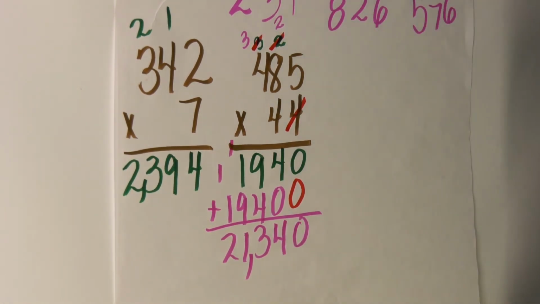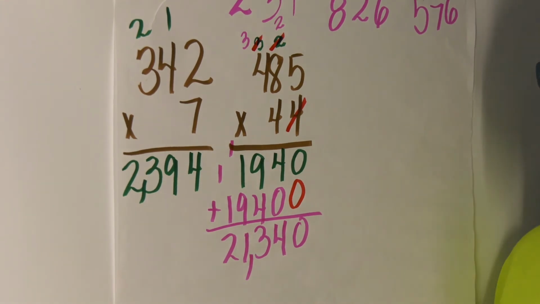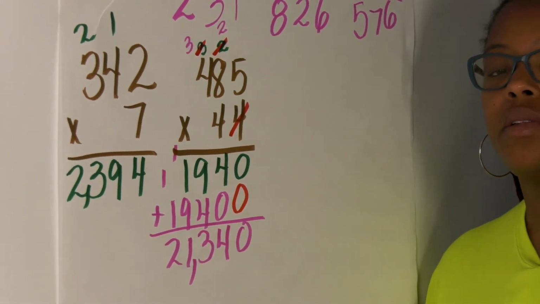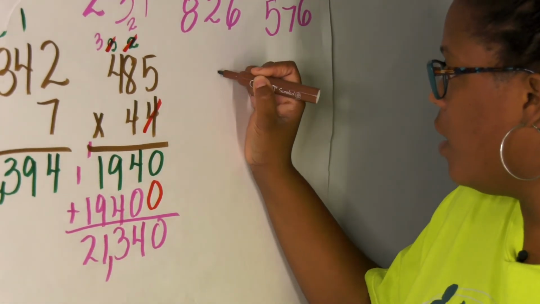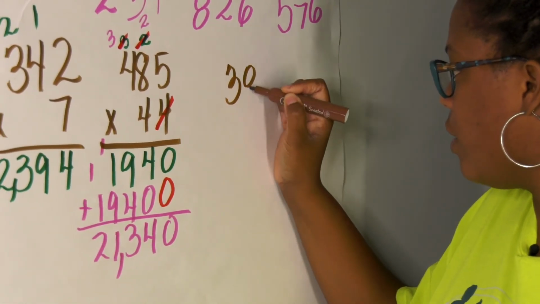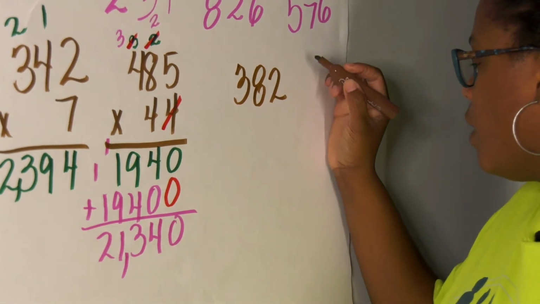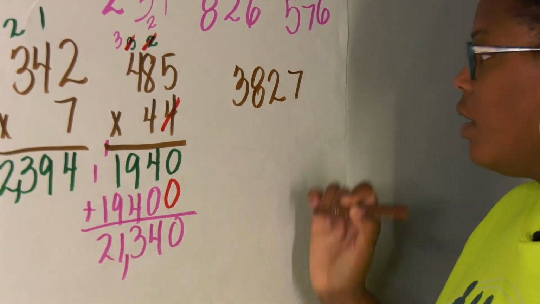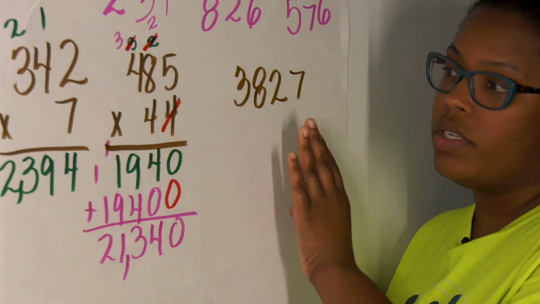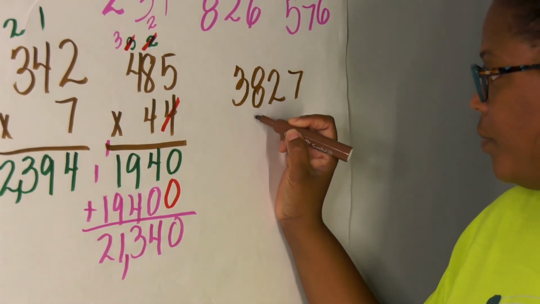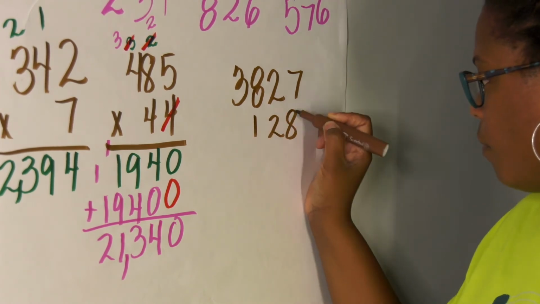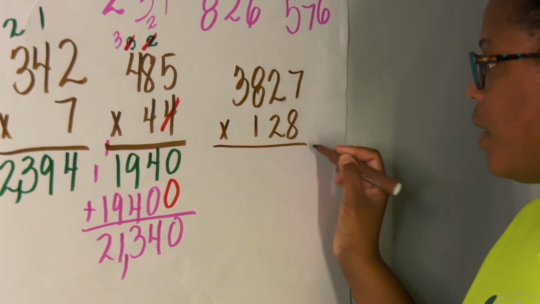And last, we are going to practice a 4-digit by 3-digit because you're going to be ready for our Kahoot game that we do later today on our Zoom. Okay, we're going to multiply that.